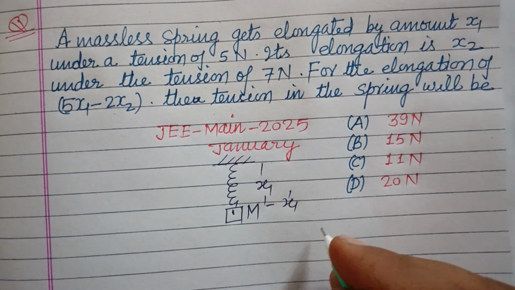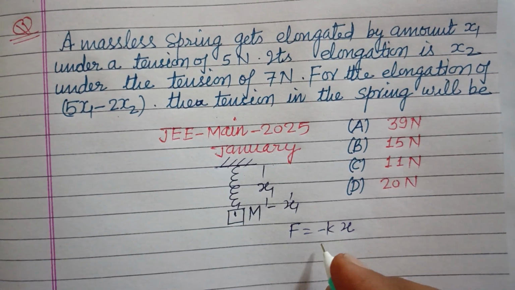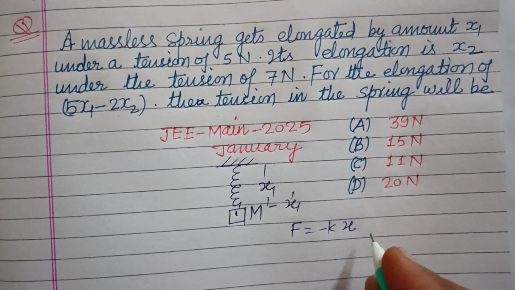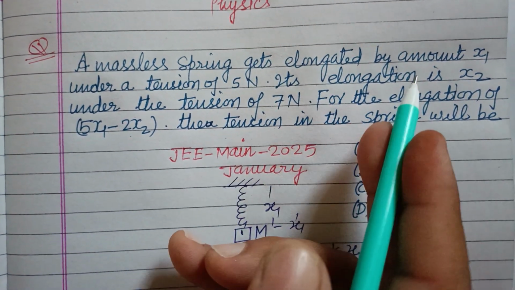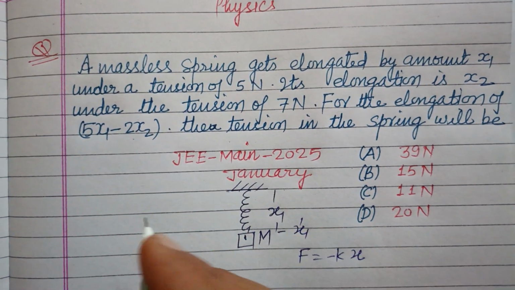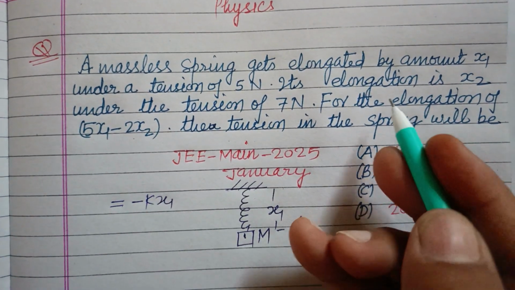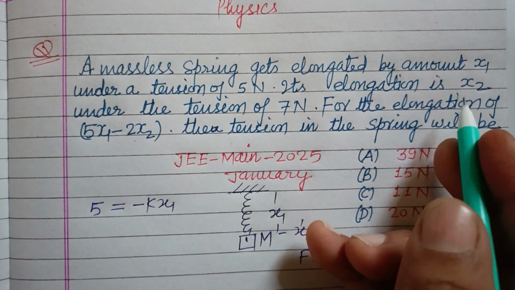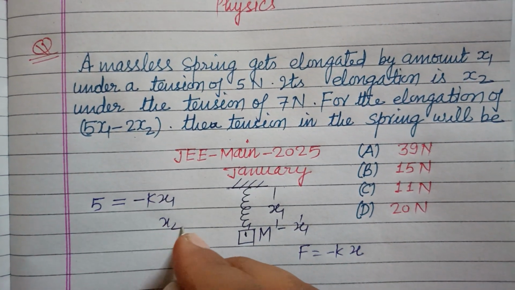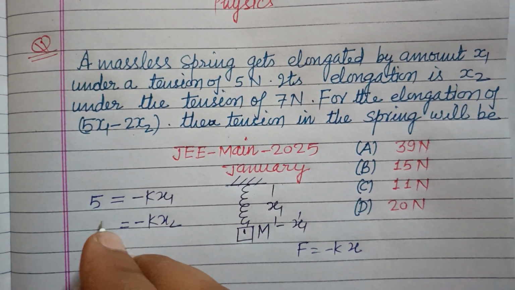Let it increase by x1, then you know that F equal to minus kx, restoring force equal to minus kx. So using this concept, the amount of elongation is x1, so kx1, and force is given to us 5 Newton, and when amount of elongation is x2, so kx2, k is the spring constant, minus kx2 equal to 7.